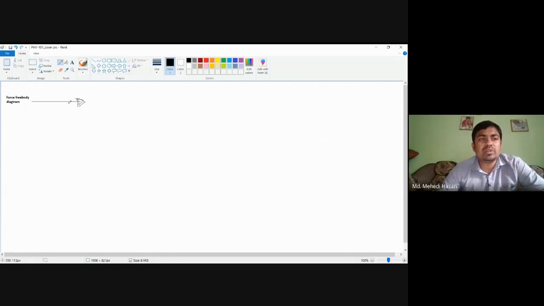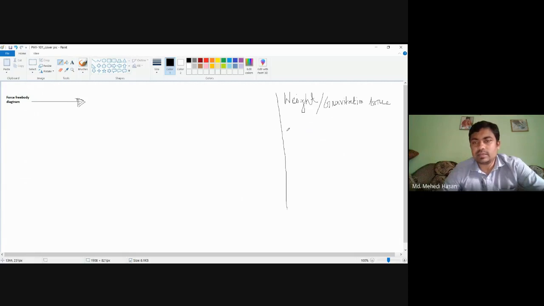Before drawing the free body diagram, we have to know about some forces. First is weight, or we can say this is gravitational force, basically force due to gravity.